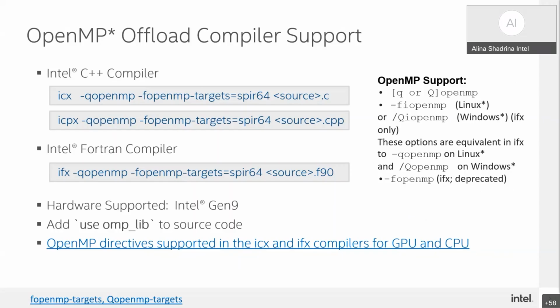And the other two options: -Qopenmp is just for compatibility with iFort for those who used iFort for a long time. And -fiopenmp means that this is Intel OpenMP, just to make a difference between -fopenmp and -fiopenmp. So all these options are equivalent, and you cannot use -fopenmp-targets without one of these options.